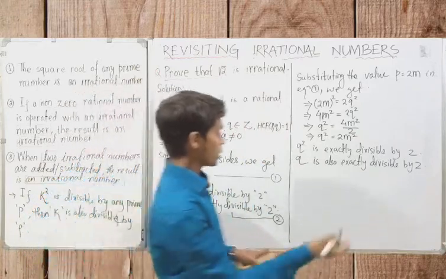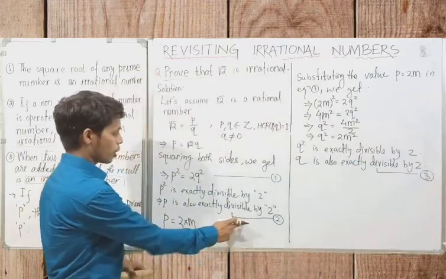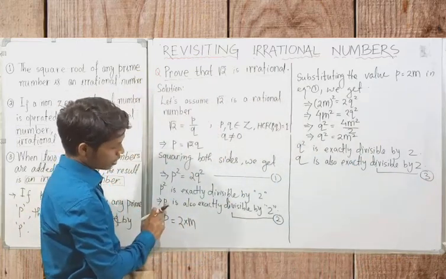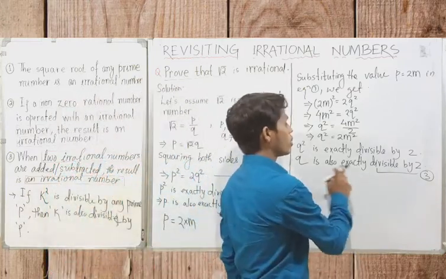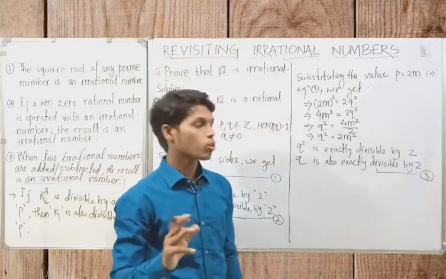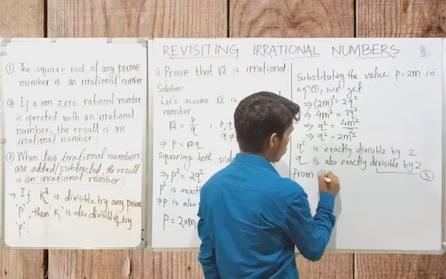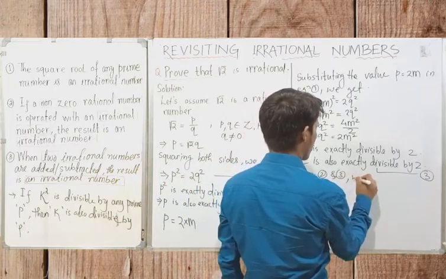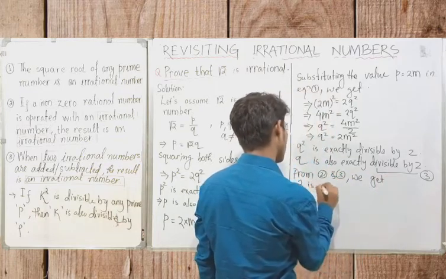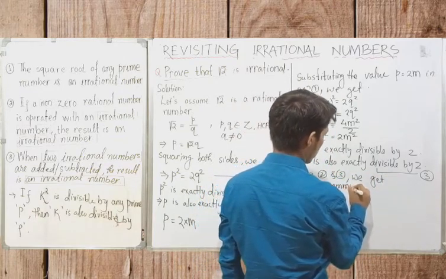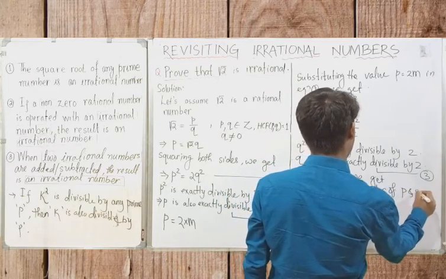We can name this as number 3, and see here at point number 2 we had got p is exactly divisible by 2, and here we got q is exactly divisible by 2. From these two points, what can we conclude? From 2 and 3 we get 2 is a common factor of p and q.